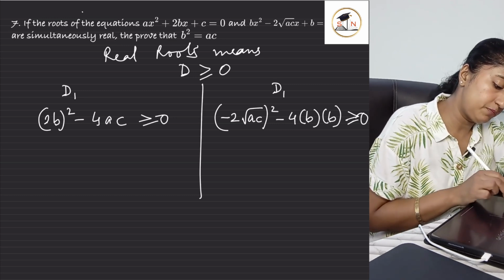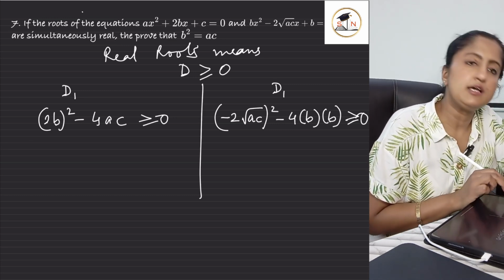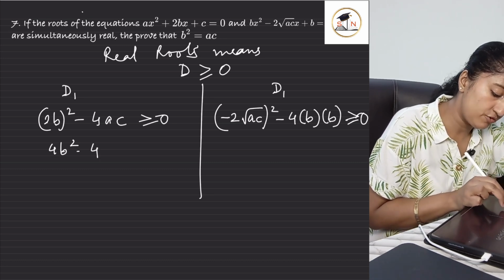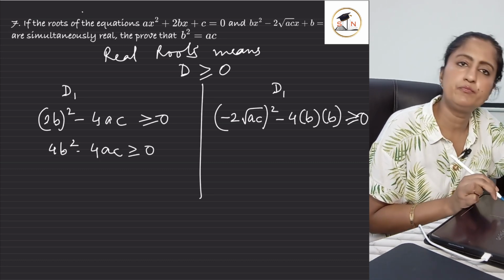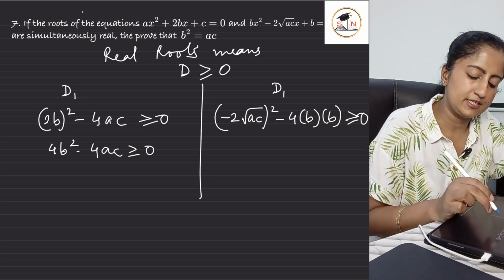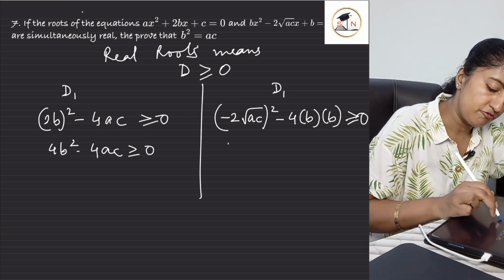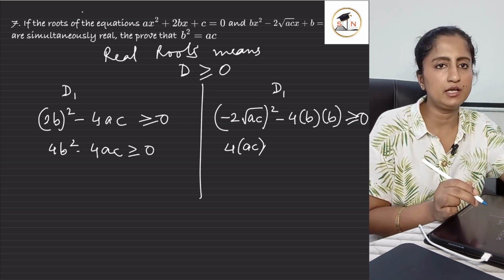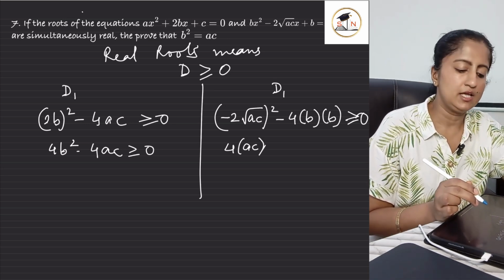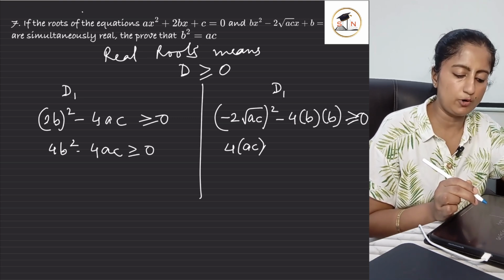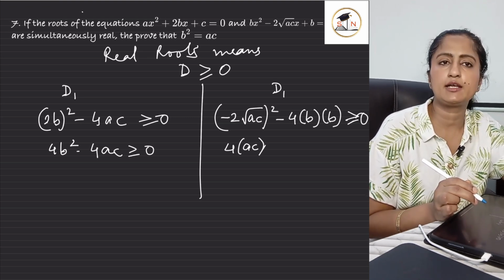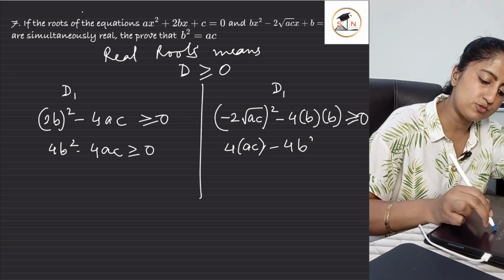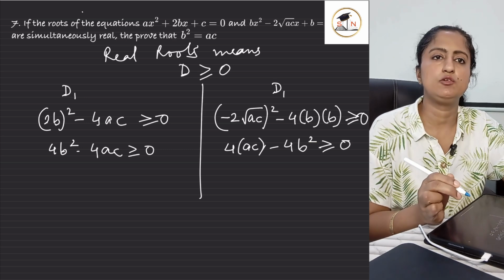So we are just going to simplify now. 4b square minus 4ac greater than or equal to 0, right? The second expression gives 4 times ac, because we have to square the under root, and the square root and square cancel out, so we are just left with 4ac minus 4b square greater than or equal to 0.